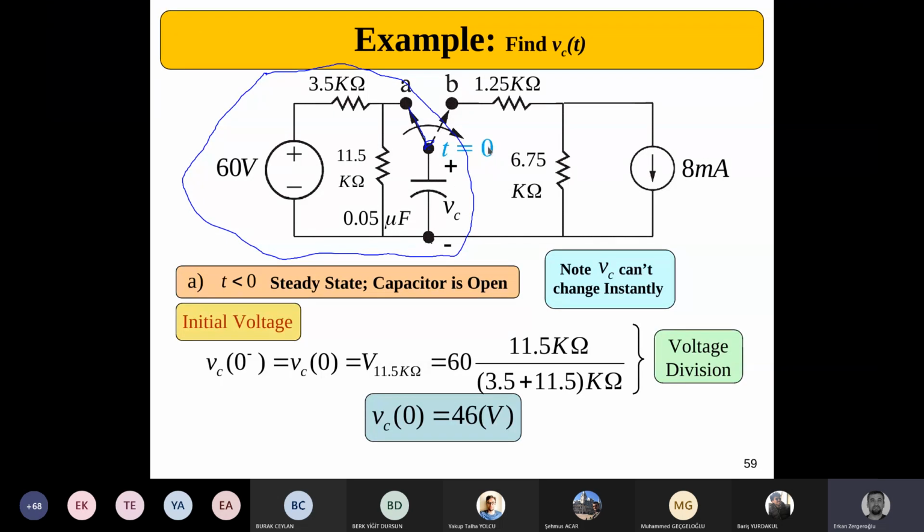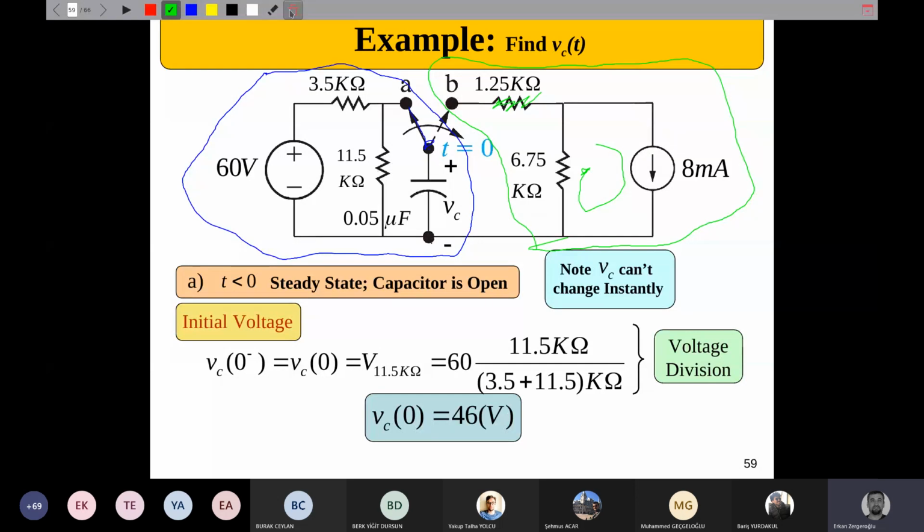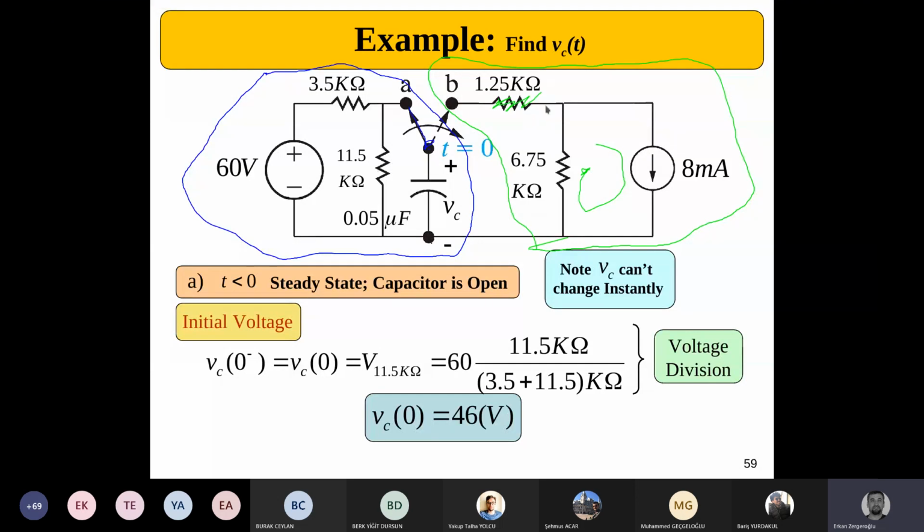The other portion at times before 0 is this part. This resistor in that time interval is insignificant, since the current is passing only through here.